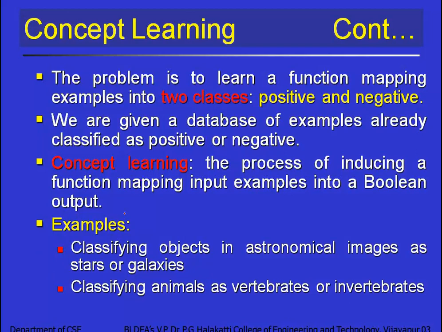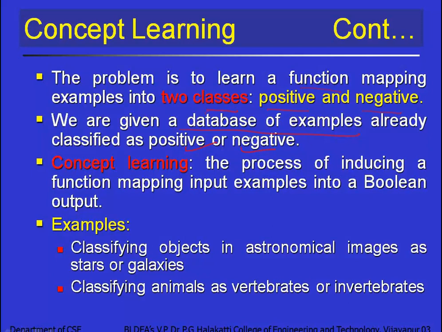Here there are two classes called positive and negative classes. The problem is to learn a function mapping into two classes. Here we are given a database of examples already classified as positive and negative.